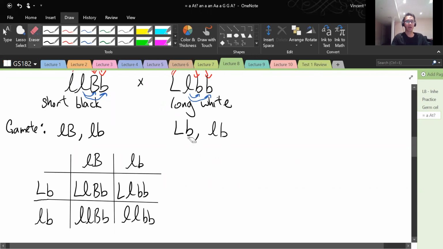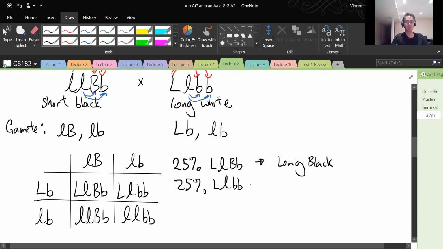Okay. So I will have 25%. 1 out of 4 is 25%. Right? 25% chance of having a big L, small l, big B, small b, which translates into longhorn and black coat. 25% chance of getting this one, which translates to longhorn and white coat. 25% chance of getting this one, which is short horn and black coat.